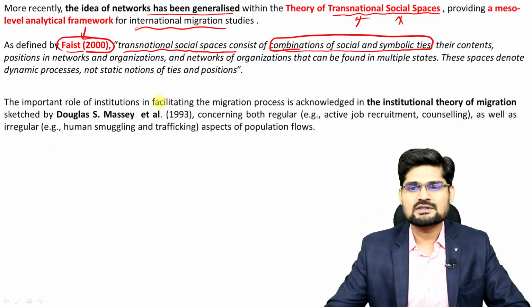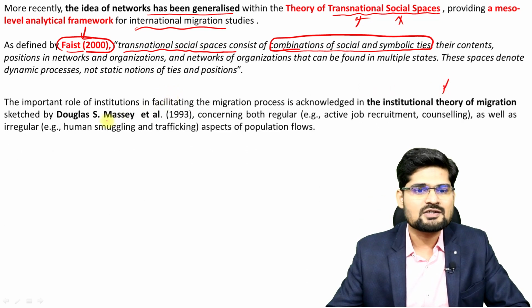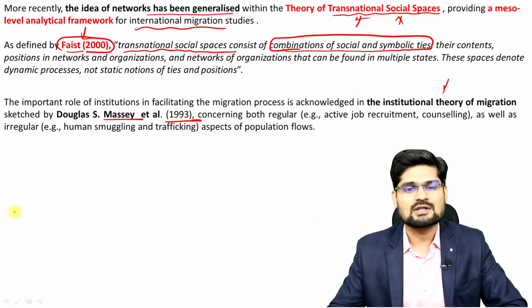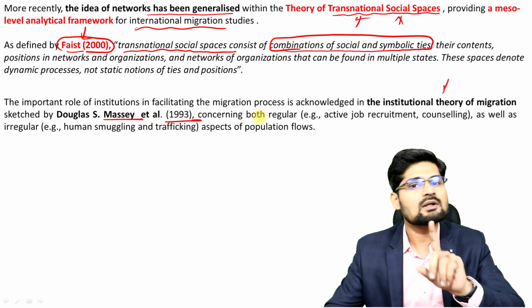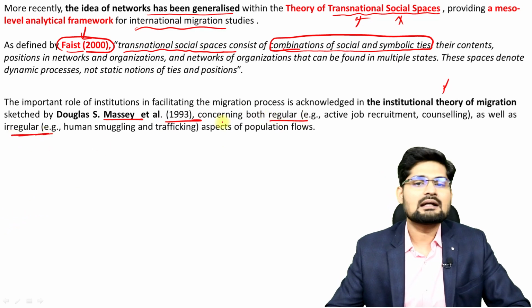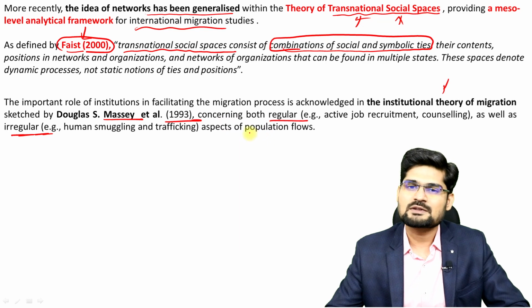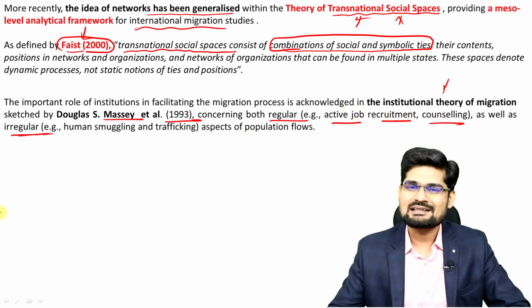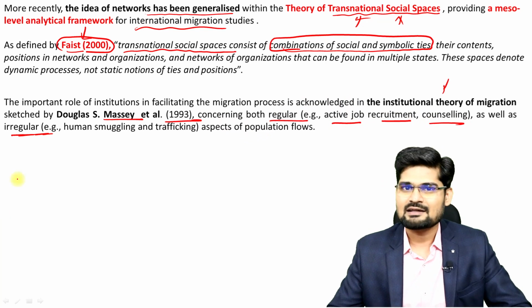Now further, if you observe the institutional theory of migration by Massey, given in 1993, and several other scholars as well, they were concerned about one important thing, that is regular as well as irregular, both kinds of aspects of population attributes. For example, active job recruitment and counseling are the regular things that migrants do.